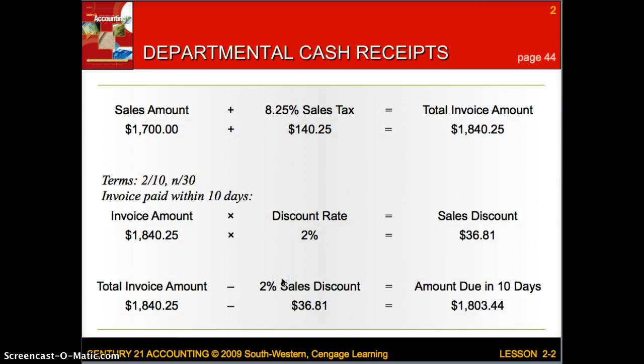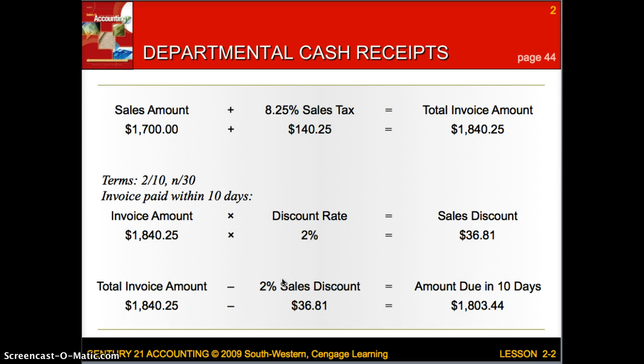When we're using departmental cash receipts, we have to look at a few different things. So the sale amount here is $1,700, and we have an 8.25% sales tax. That will tell you in the directions which rate we will use for the amount of sales tax.